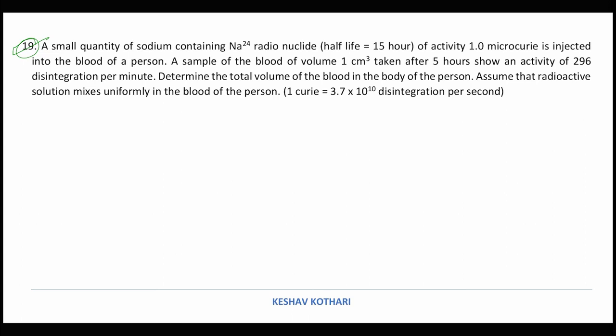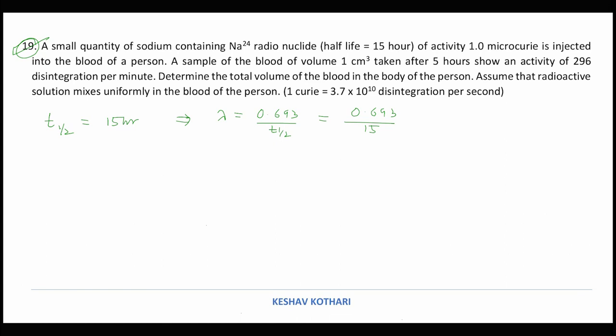So for this problem, we begin with the information that is given in the first part. The half-life is given to us as 15 hours. So from here we can calculate the value of lambda, which is equal to 0.693 by t half. So we can write it as 0.693 by 15. We are putting the time in hours, so kindly keep it in mind.